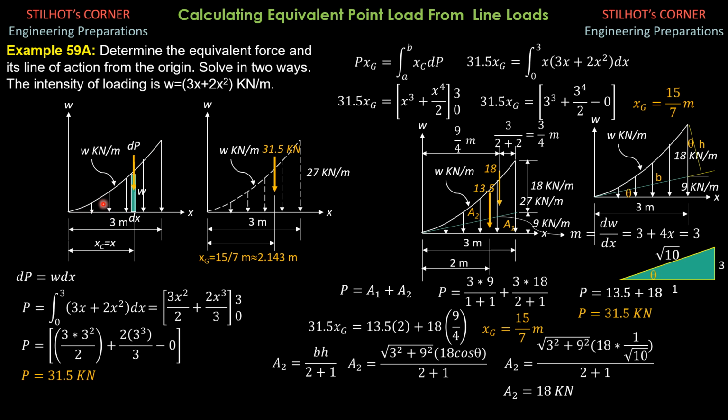It is the product of base and height divided by n plus 1. So you just look at that derivation from the preliminaries about loads, and then you can use that formula.